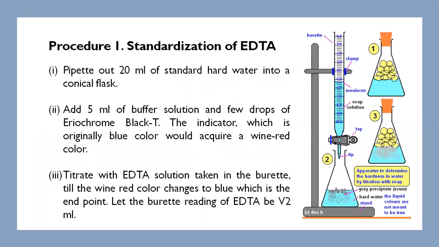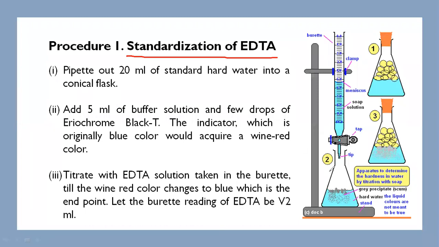Now, the procedure. There are three steps which are followed in estimation of hardness of water by the EDTA method. The first step is standardization of EDTA. In this, 20 ml of standard hard water is pipetted into a conical flask.